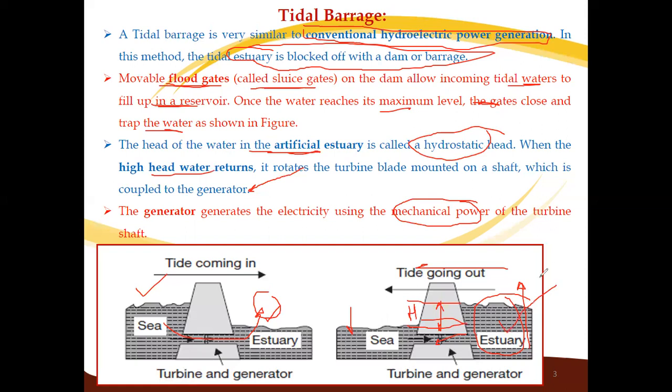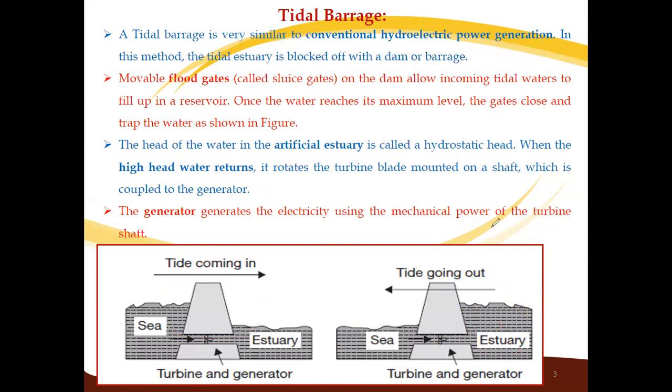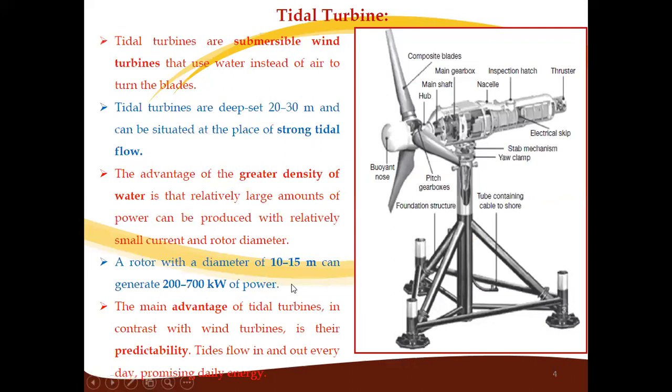Now we'll see the second method to convert tidal energy into electrical energy, that is by using a tidal turbine. A tidal turbine is another way to exploit tidal energy. Tidal turbines are submersible wind turbines that use water instead of air to turn the blades.